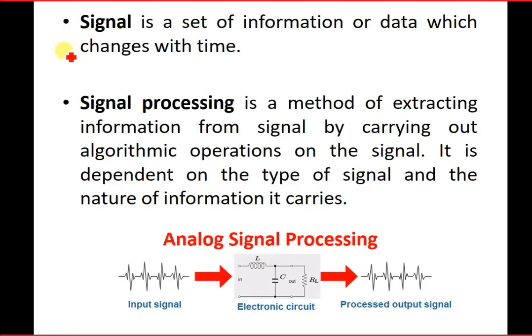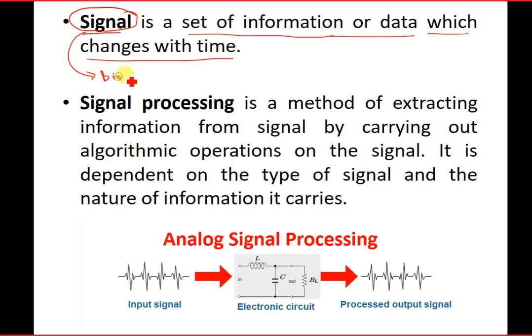Okay, what is a signal? A signal is a set of information or data which changes with time. Okay, so when we talk about biomedical signal processing, these signals are of biomedical importance.